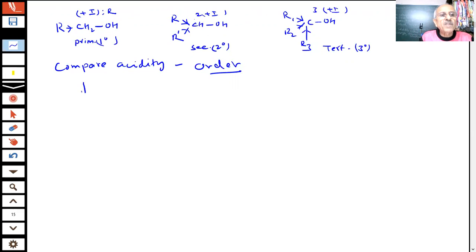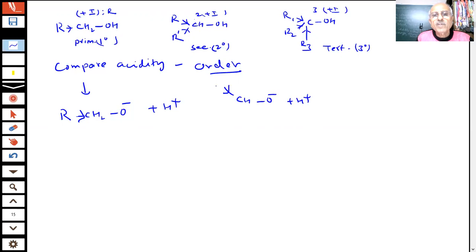The conjugate base will be RCH2O minus plus H plus. This is going to release electrons and increase the electron density. But in the other, you have CHO minus and H plus, and you have two R groups. They will increase the electron density.